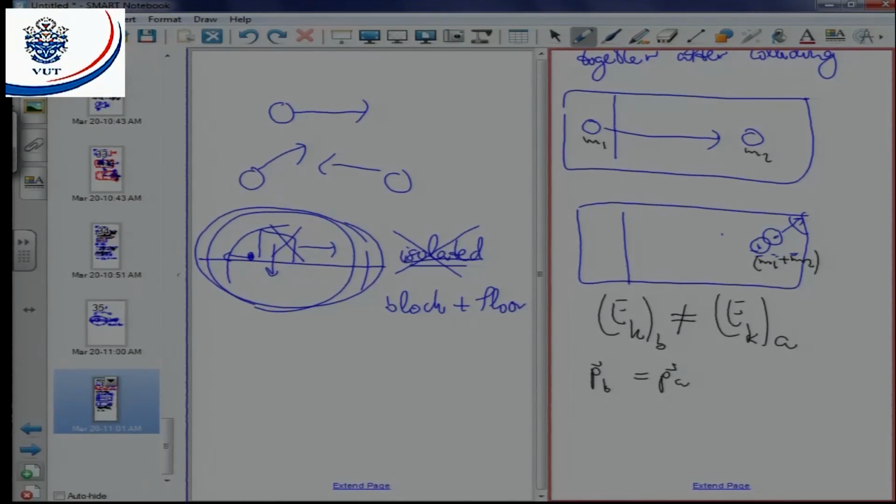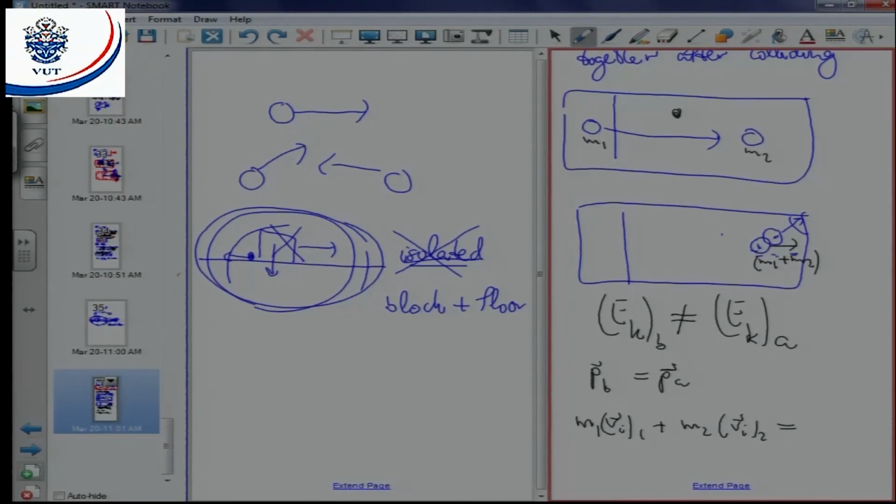Actually this diagram is wrong. It should be moving in the x direction to conserve the y momentum, because before there was no y momentum, but it's just for the purpose of showing you how it moves. So here we will have mass 1 times the initial velocity of particle 1 plus mass 2 times the initial velocity of particle 2.